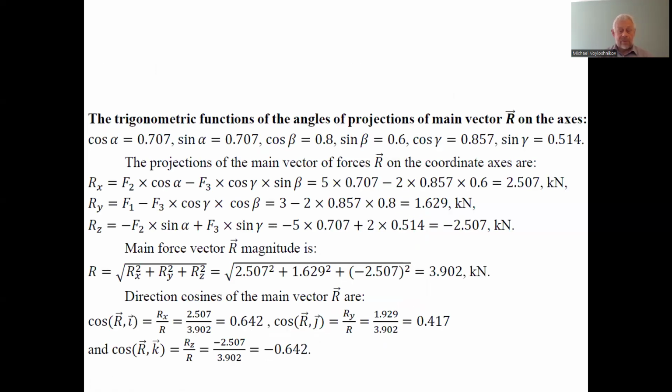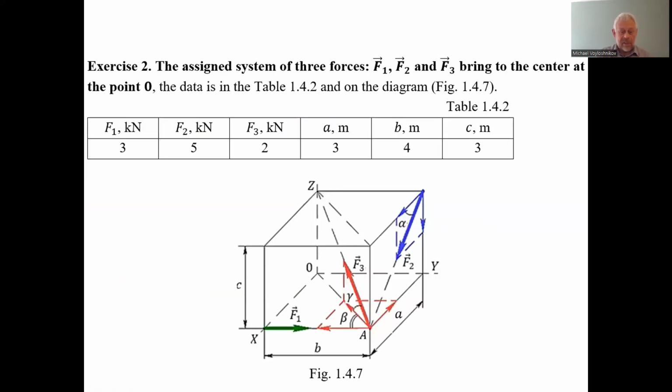First of all, we have to find the values of the trigonometric functions of the direction angles. We have to find cosine alpha, which is 0.707. This is because angle alpha is equal to 45 degrees.